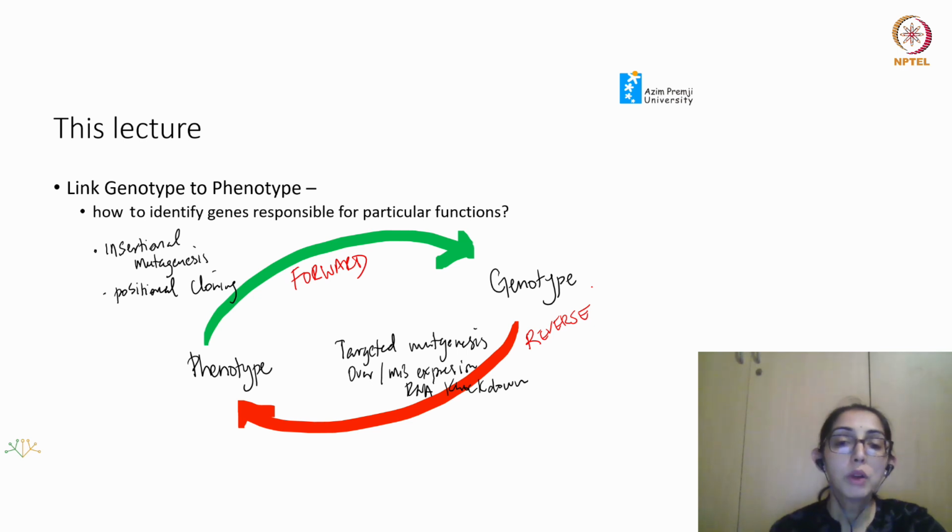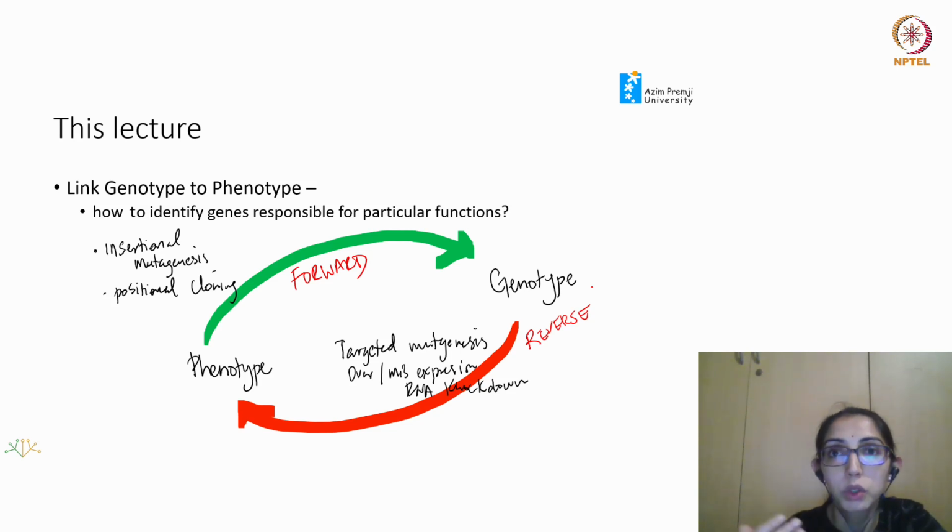So how forward genetics really works is where you identify a particular phenotype that you think is really interesting and then try to go backwards and say, okay, this must be the genotype that it corresponds to. On the other hand, the reverse process is where you choose a particular gene.